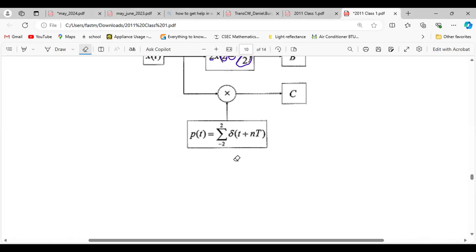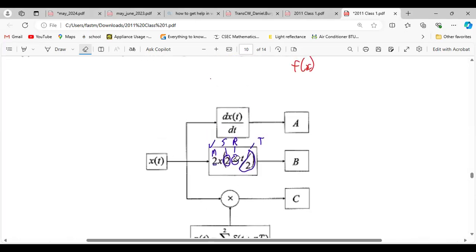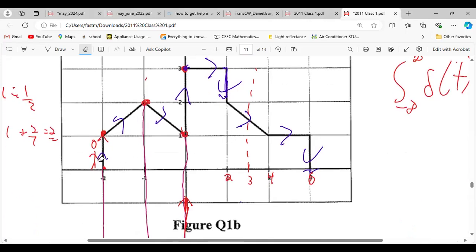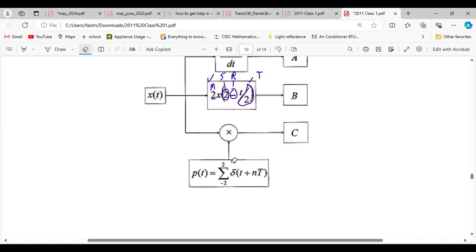All right, so now you're going from -2 to 2. Remember, you shift the graph, so because you shift the graph 2 spaces, you have negative values. So let's say you're going from -2 to 2: -2, -1, 0, 1, and 2.